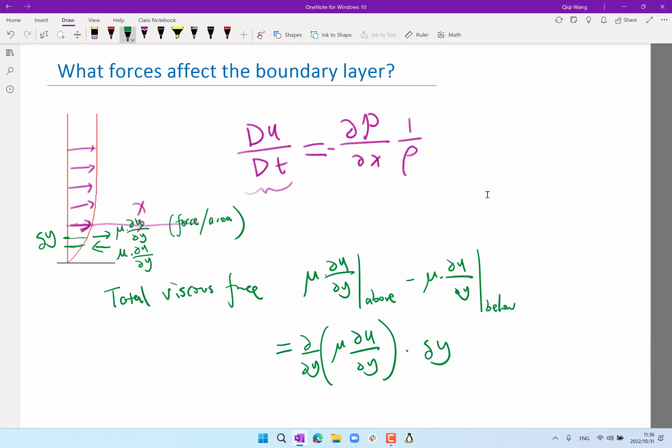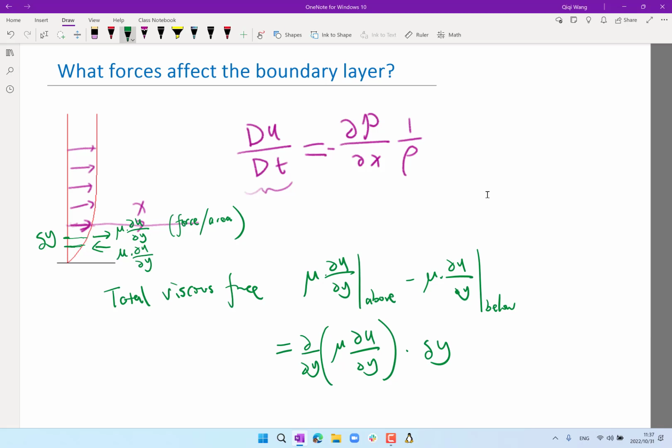If you further divide this by delta y, right, because that force actually is proportional to how thick this stream tube is, then if you just look at this derivative, it is going to be the force per volume again, right? This is the viscous force per volume of flow.